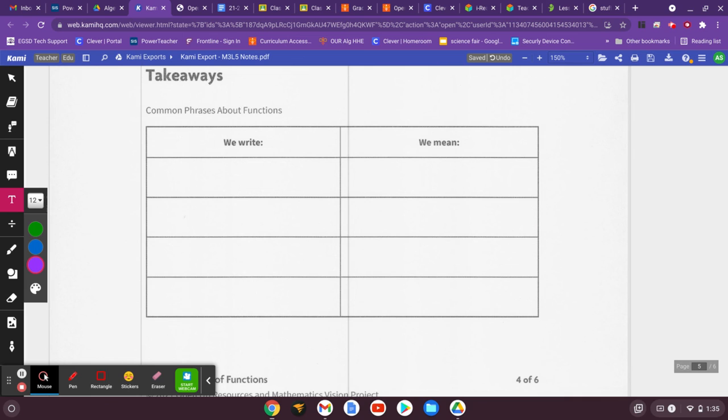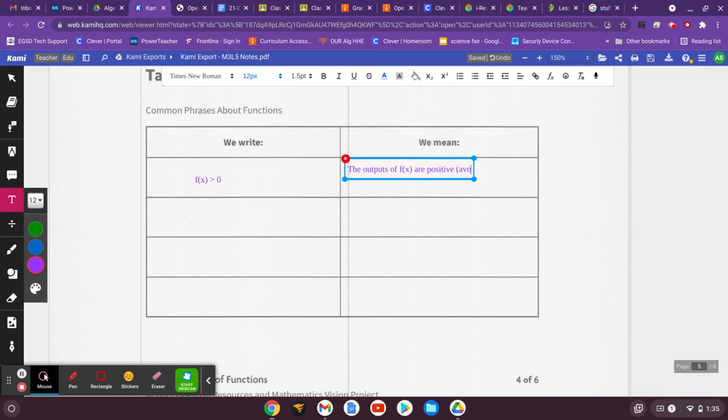Ready for more. All right, so common phrases, just to make sure we know what we're doing. So f of x is greater than 0. That's what we write. What it means is the outputs of f of x are positive or above the x-axis.